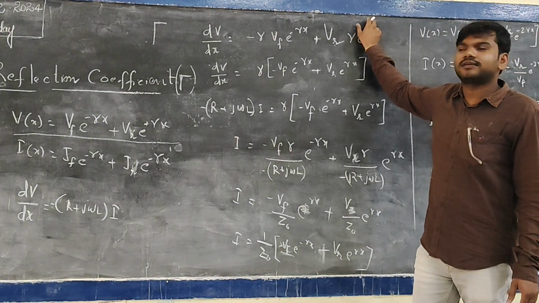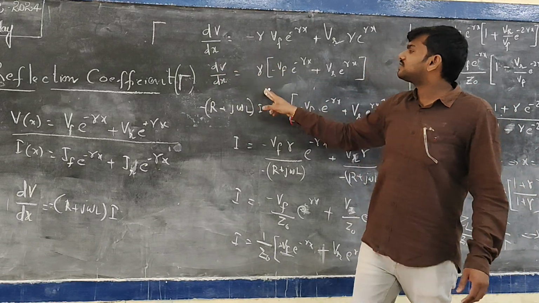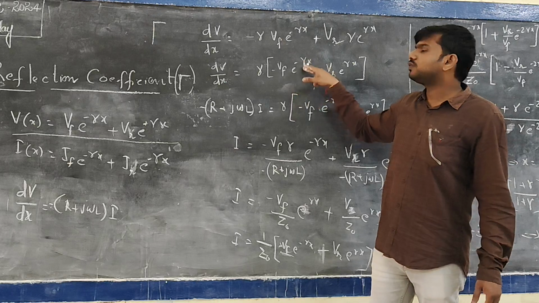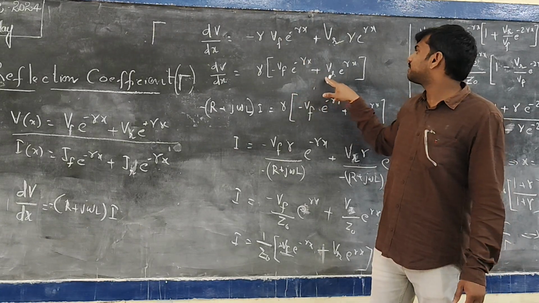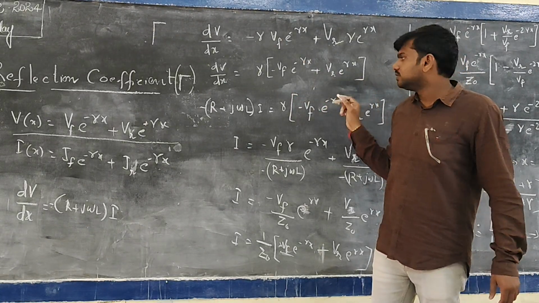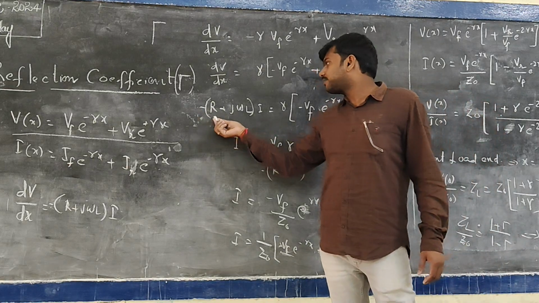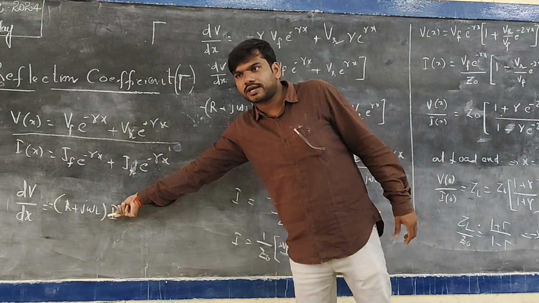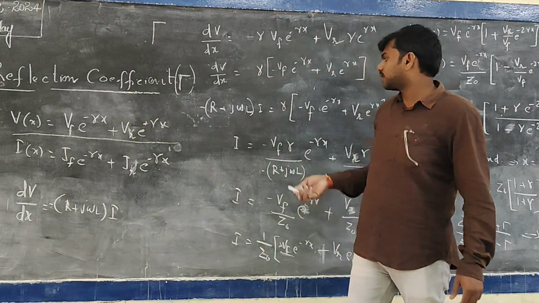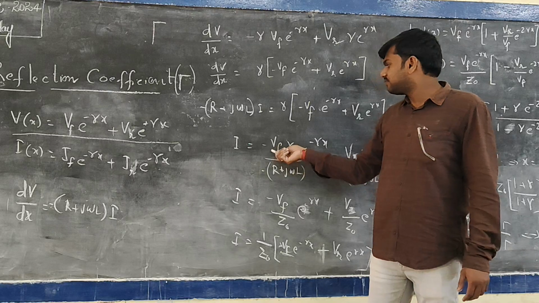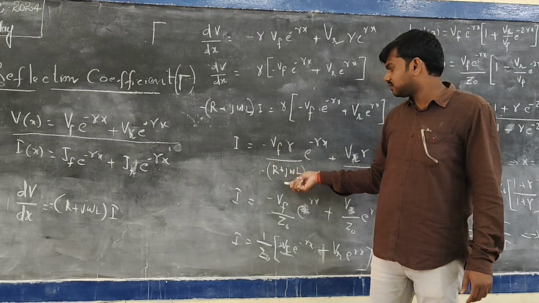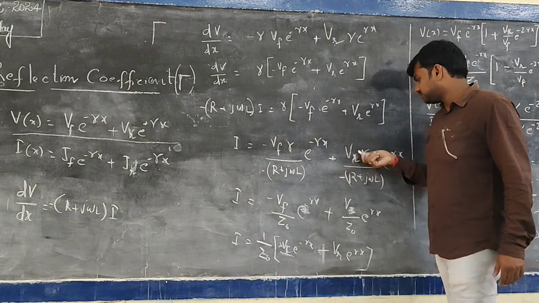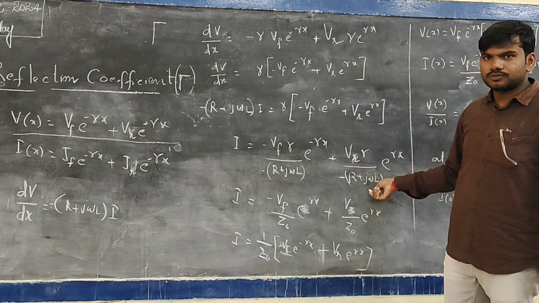If you restructure that, dV by dx will be gamma times of minus Vf into e to the power minus gamma x plus Vr into e to the power gamma x. Then it should be equal to minus of (R plus j omega L) into I. Then I should be minus Vf into e to the power minus gamma x plus Vr into e to the power gamma x, divided by (R plus j omega L) times gamma.